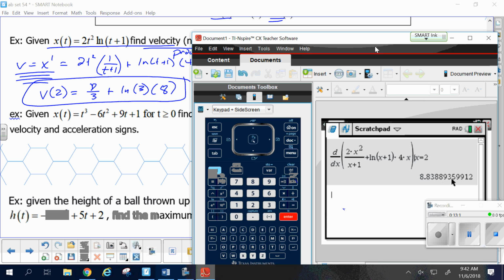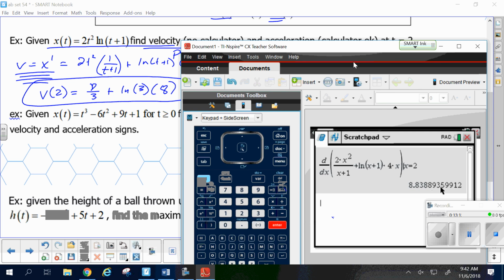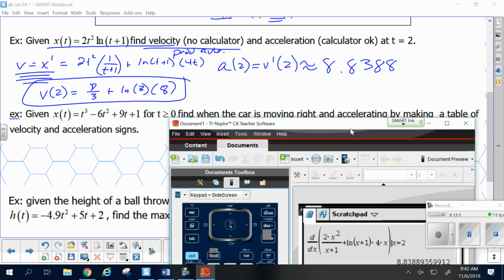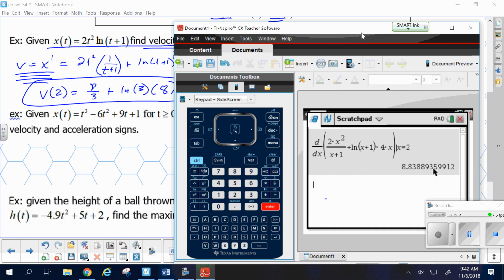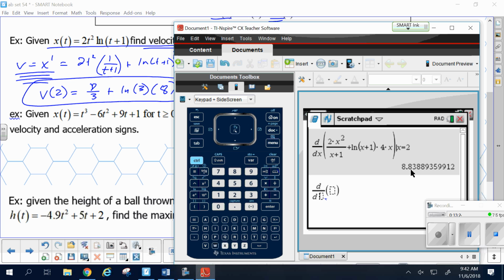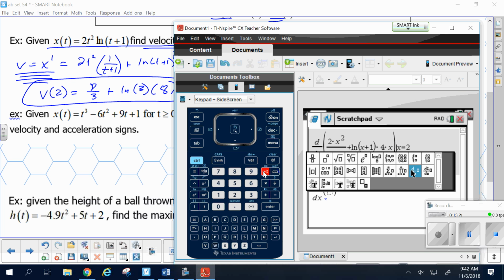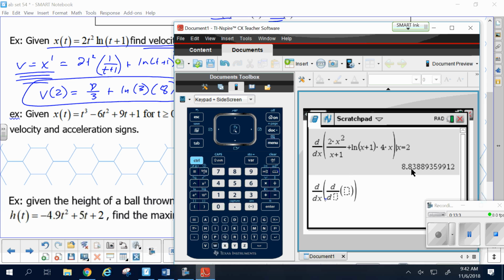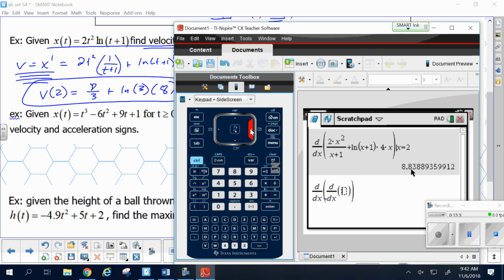Okay. Did you know that if you are a real sissy, that you could actually have the calculator do the derivative twice? So you could say, do the derivative with respect to x of the derivative with respect to x of the original function, which was 2x squared times, just in case, the log of x plus 1.